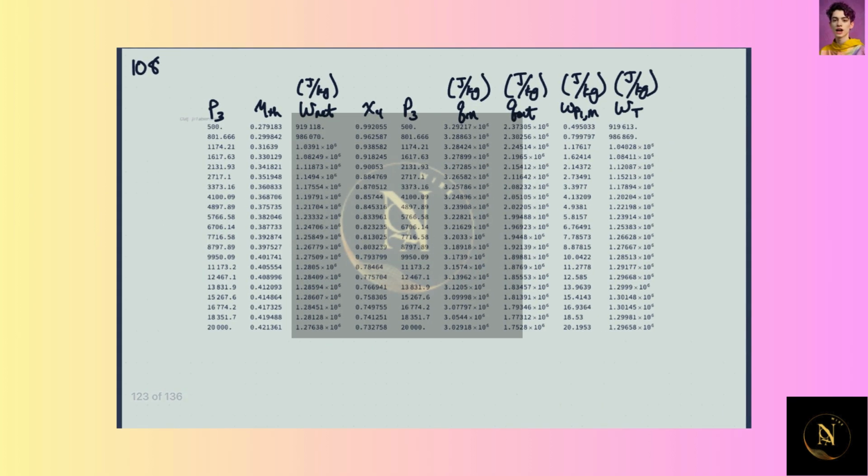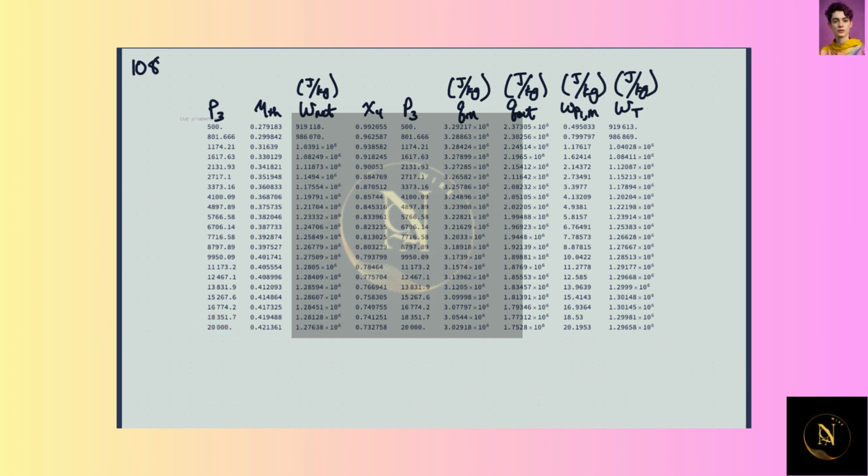I basically spit out all kinds of numbers that I thought might be interesting. We went from a boiler pressure of 500 kilopascals, pretty darn low, all the way up to 220 megapascals.